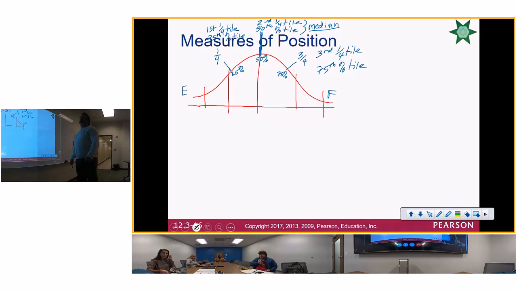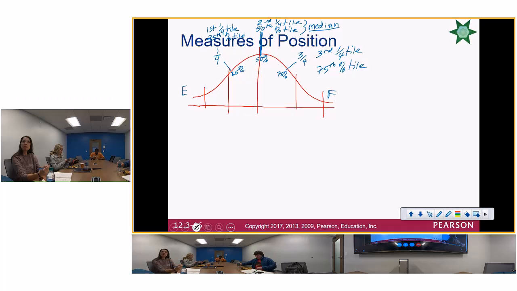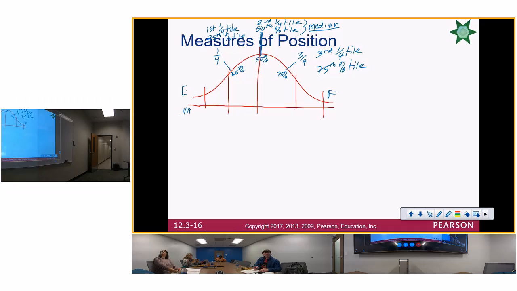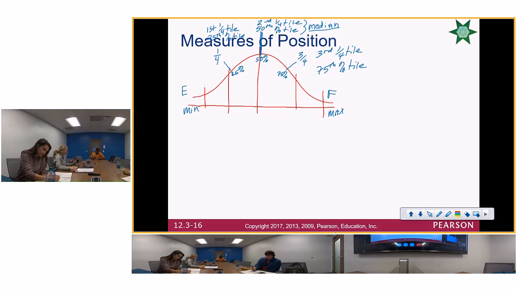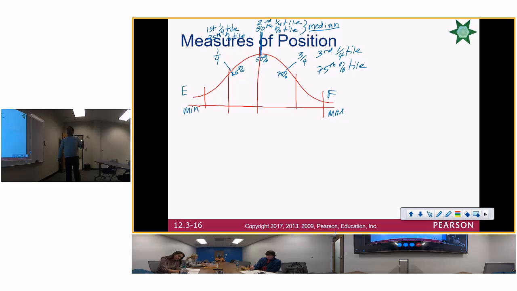Write that down. On this side, the empty is called your min. And on the right-hand side, if empty is the min, what do you think full is? Max. So whenever you have data, you already have the min and the max without doing any calculations. You just put it in order.